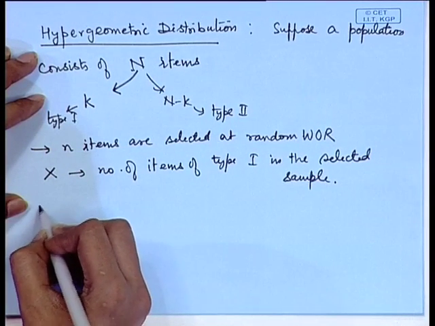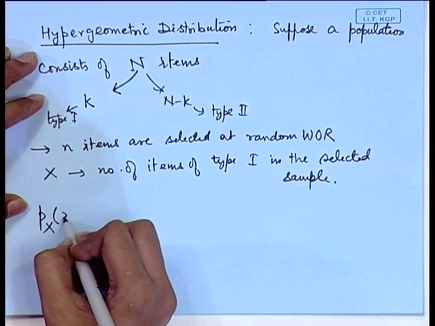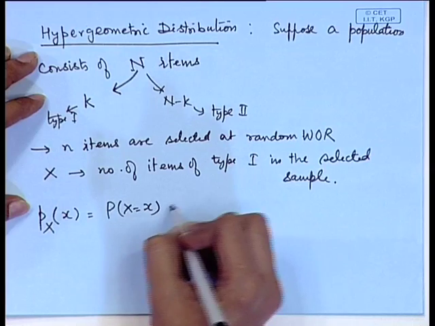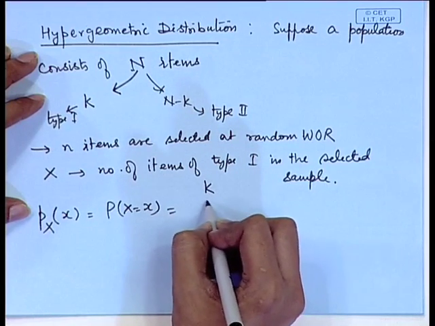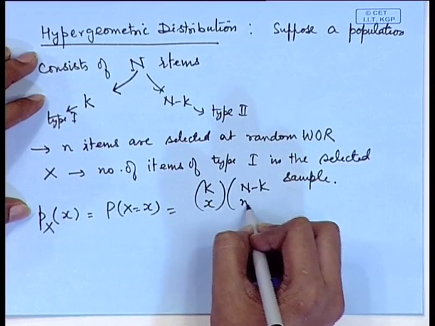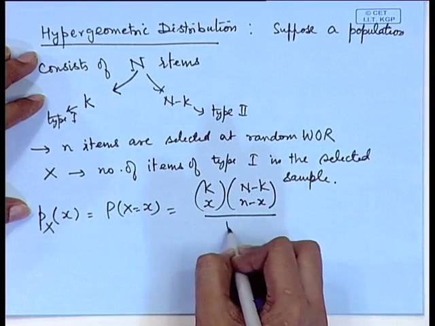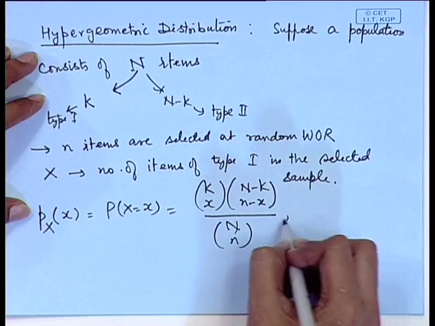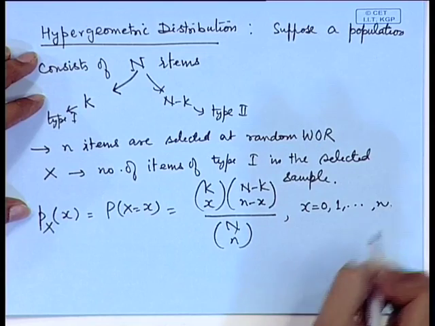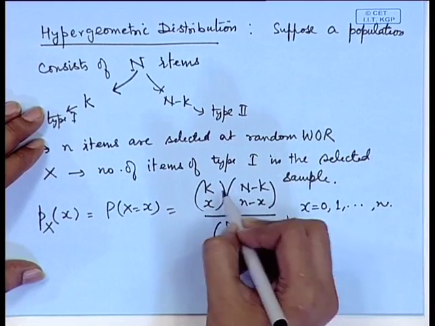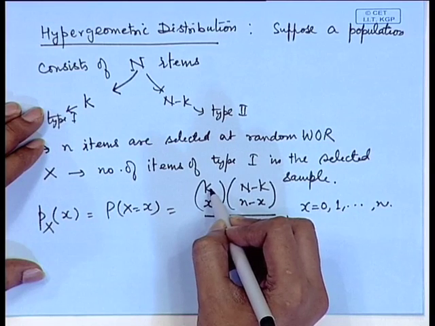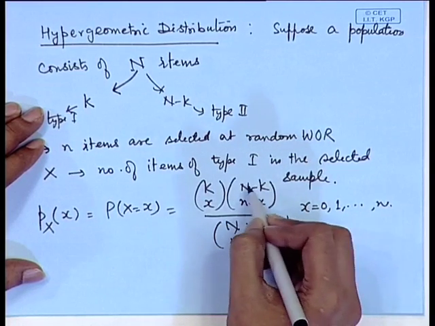Then the probability of X equal to small x is equal to k c x times n minus k c n minus x divided by n c n. Obviously, x will take values from 0, 1 to n. However, in order to write down this expression, these binomial coefficients must be valid.